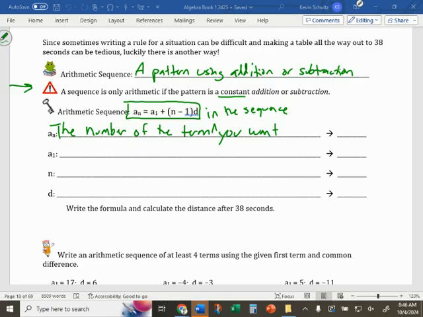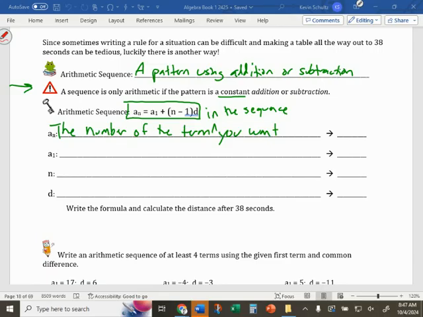Okay? So in our example above, when I asked you to write the formula and calculate the distance after 38 seconds, what number term of the sequence were we trying to find? Dominic? Right, but in our specific example up above, where I said calculate the distance after 38 seconds, not the fifth.